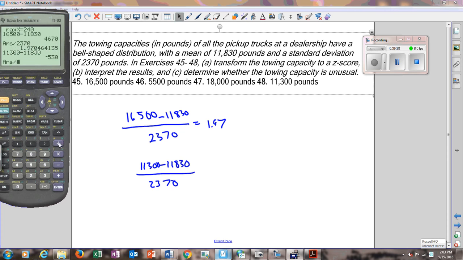Divide that by 2370. It says interpret the results. It's a little less than the mean, but it's not even 1 standard deviation below, so it's not unusual. All right, that is it.